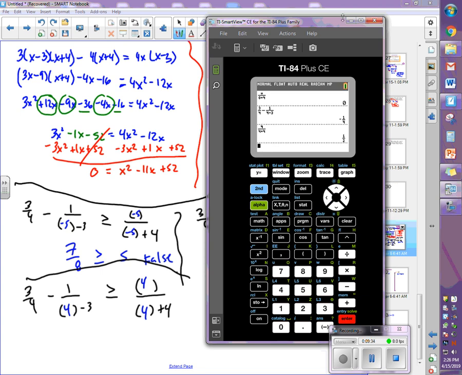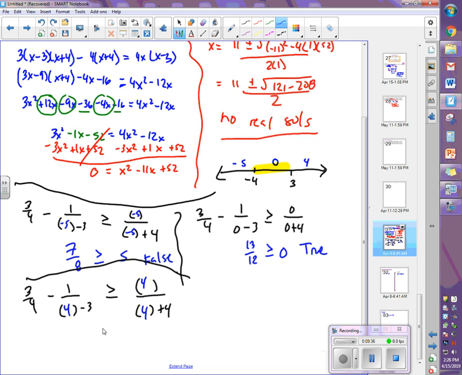And 1/2. So -1/4 and 1/2. That's false. So the solutions are -4 less than x less than 3.